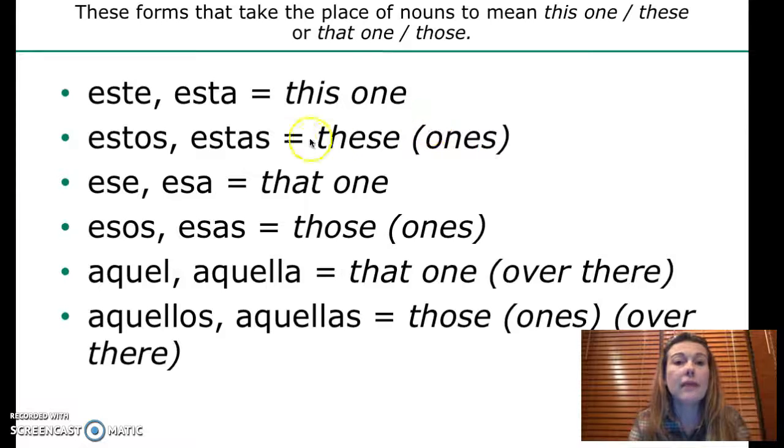Okay, so clase, again, notice that these forms are exactly the same as your adjectives, right? We've got este, esta, estos, estas, ese, esa, esos, esas, aquel, aquella, aquellos, aquellas. So the exact same thing, except they're replacing nouns at this point. And we'll look at some examples of that so that you can kind of see the difference.